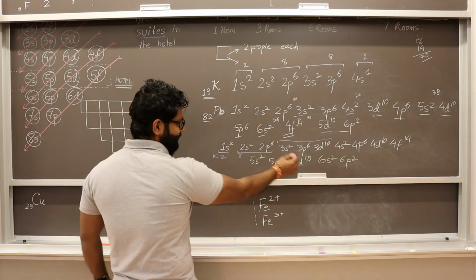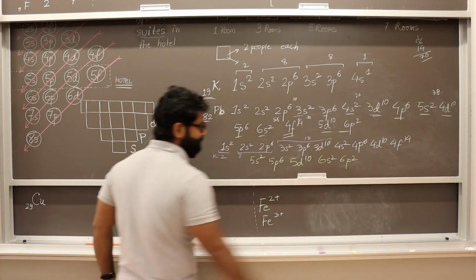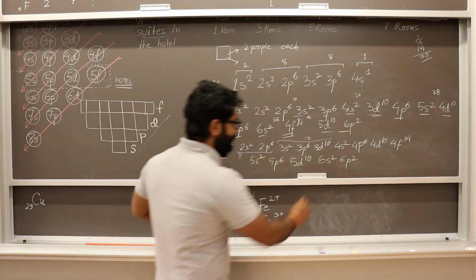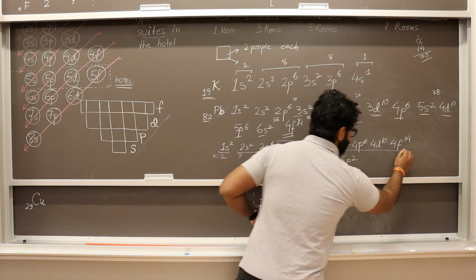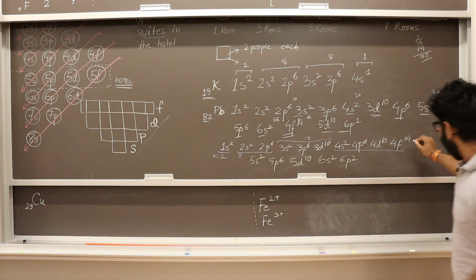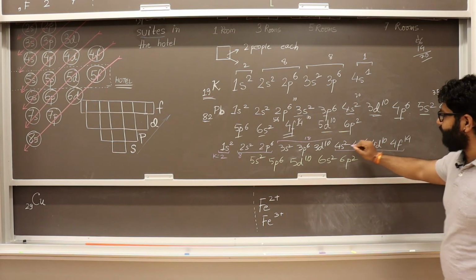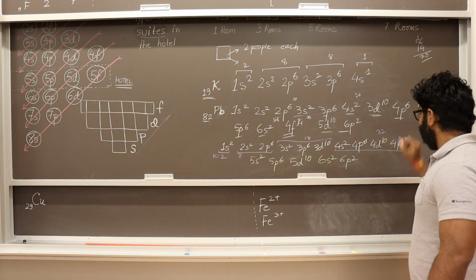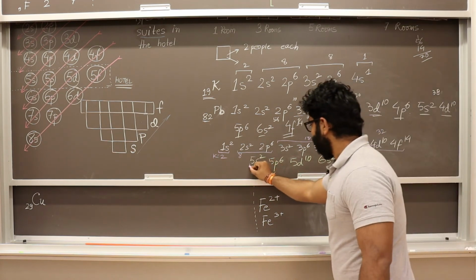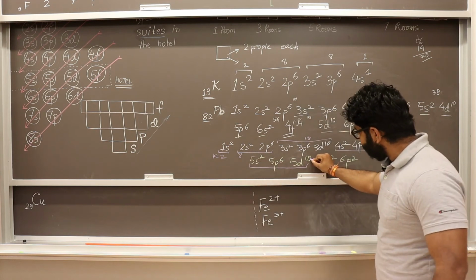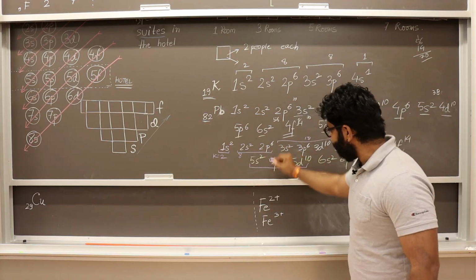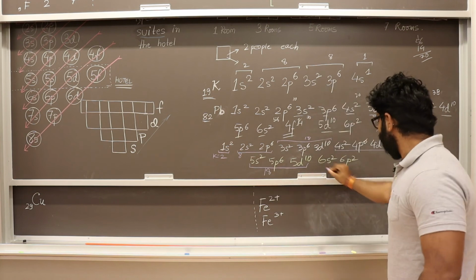M shell gets 18 electrons. N shell gets 14 plus 10, 24, 24 plus 6, 30, 30 plus 2, 32. O gets 10 plus 6, 16, plus 2, 18.